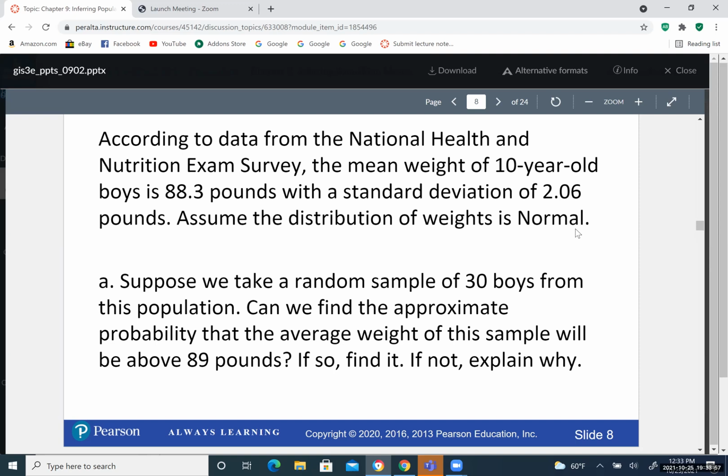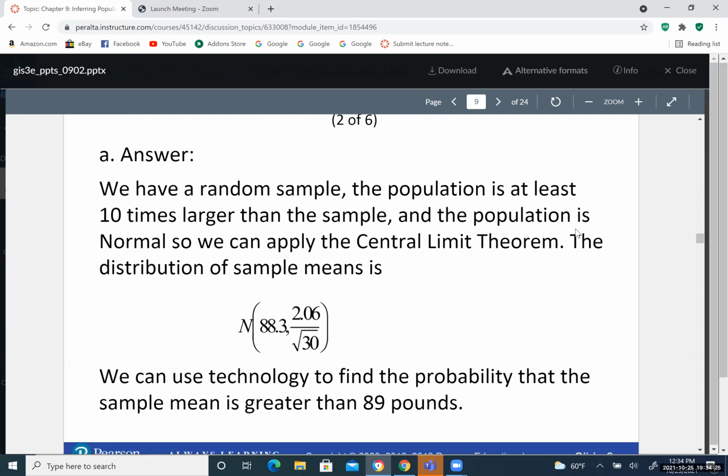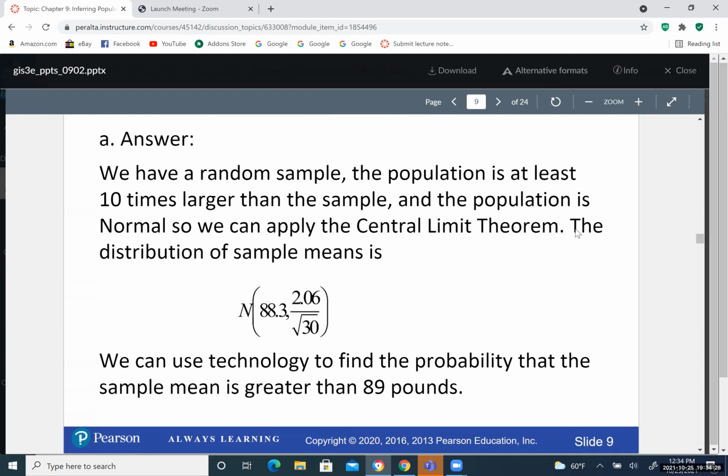The average is 88.3 pounds, and the standard deviation is 2.06 for the boys. If the sample size is only 30, then what happens? We can do it by hand, or run StatCrunch, or use the TI-84.